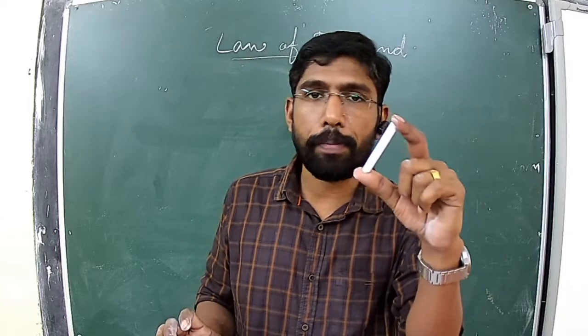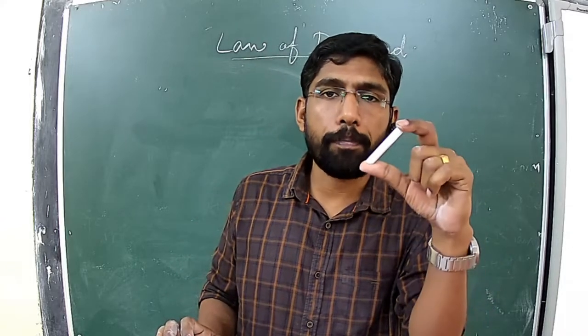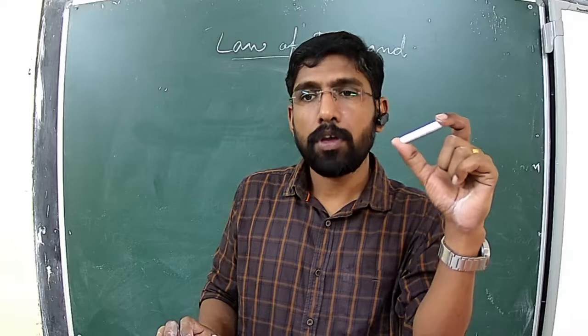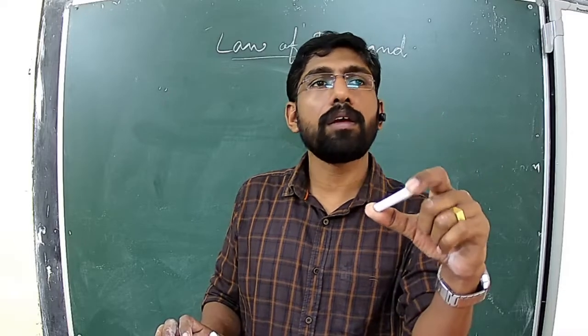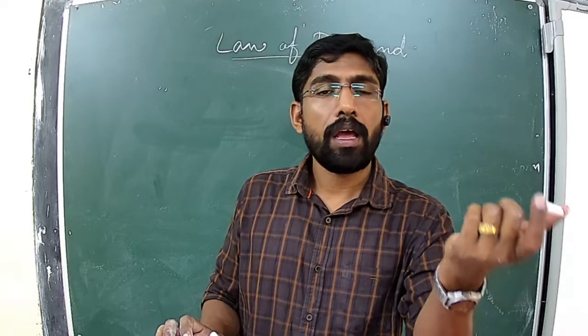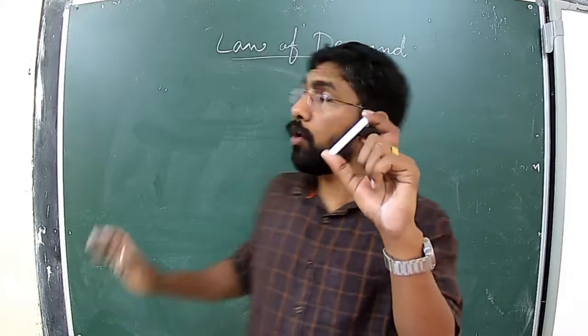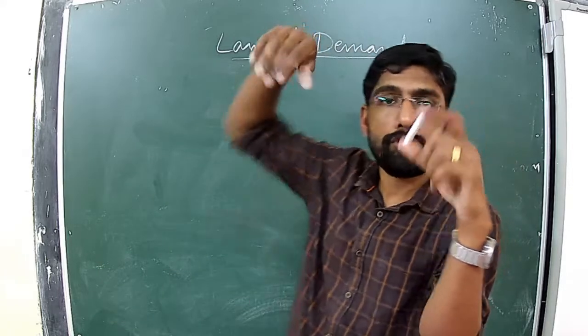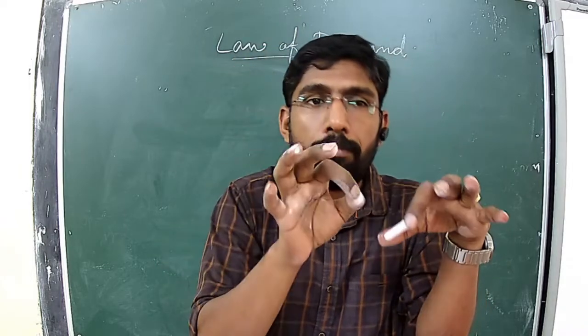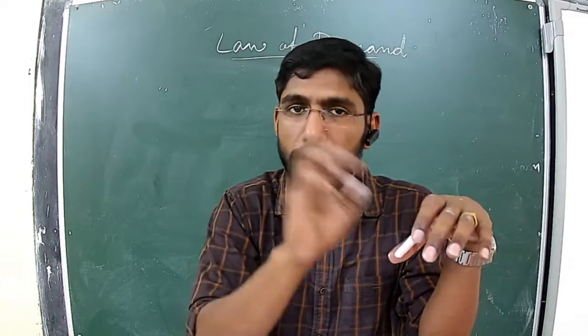If it is 1 rupee, how is that particular price fixed? So while considering the price theory, the law of demand is an important theory. It will help us to understand some portions of the price theory.